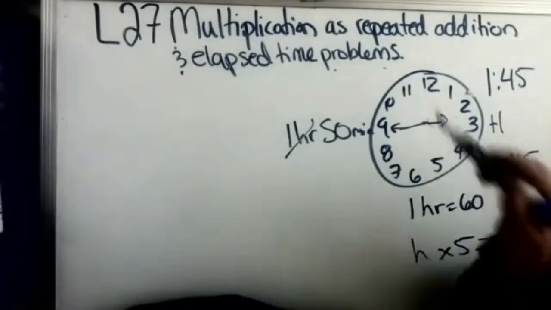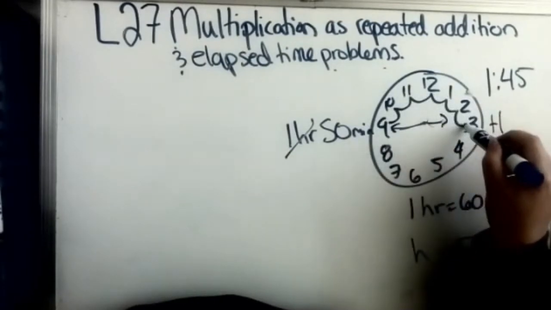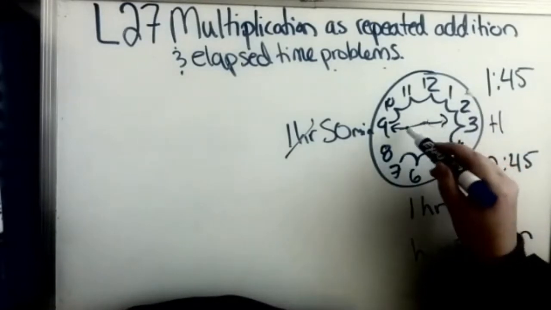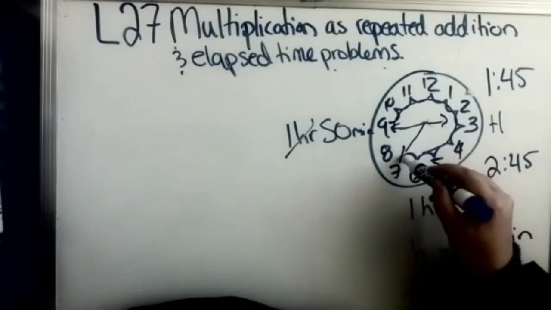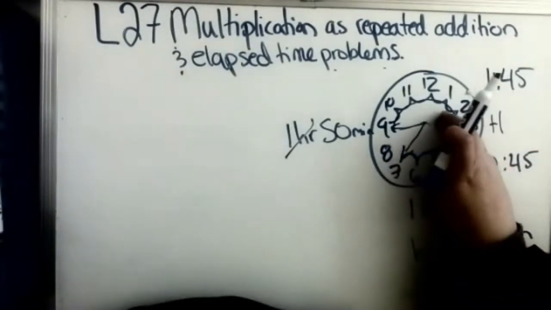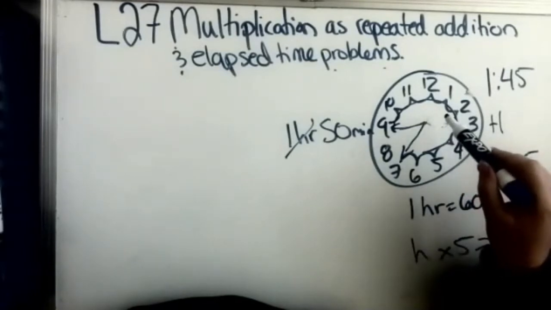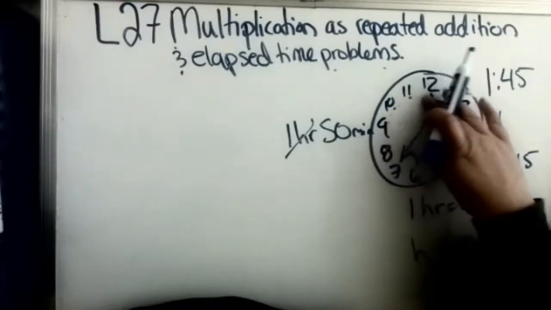So I'm going to count 5, 10, 15, 20, 25, 30, 35, 40, 45, 50. That means the big hand has come all the way around to here, and my little hand has gone to the 3. I'll erase these.